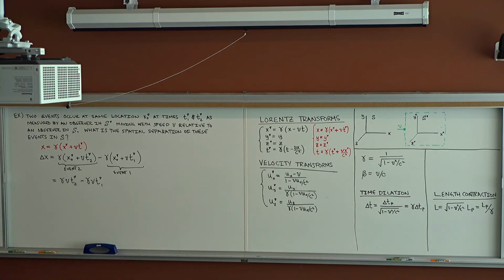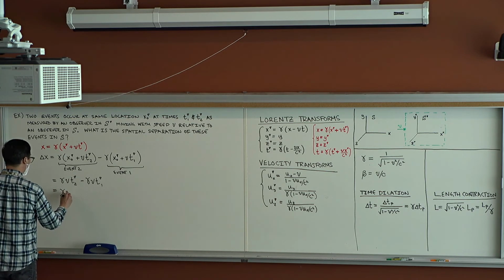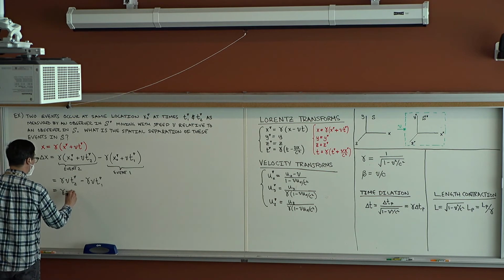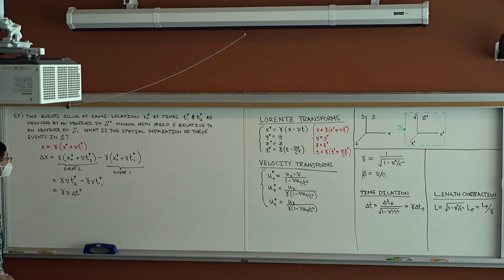So note that this is just equal to gamma times v times delta t prime.